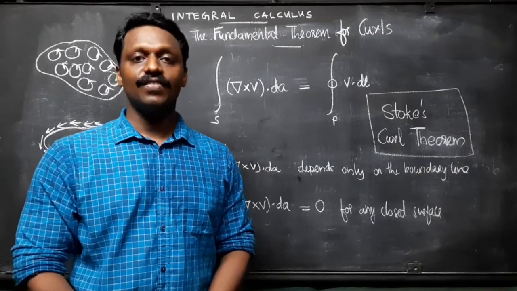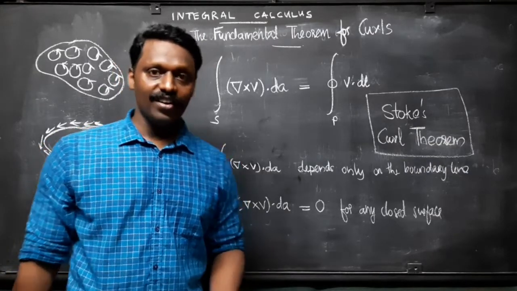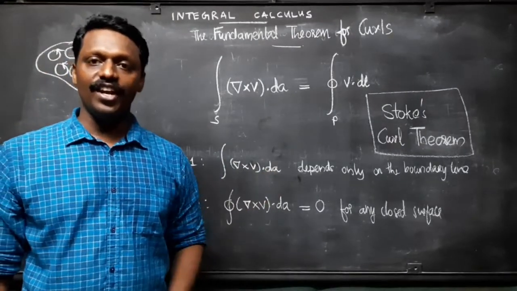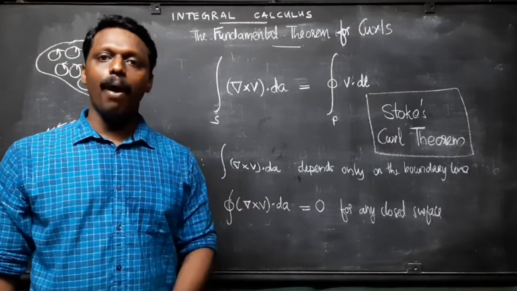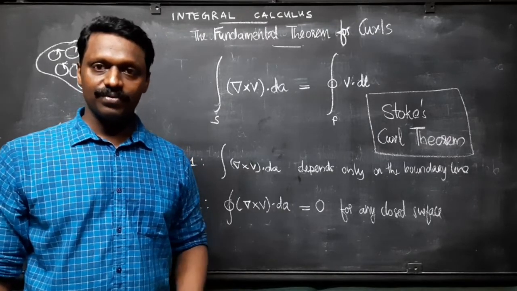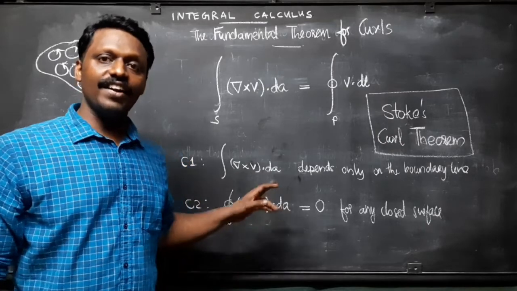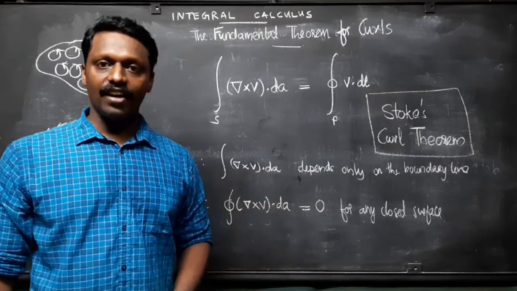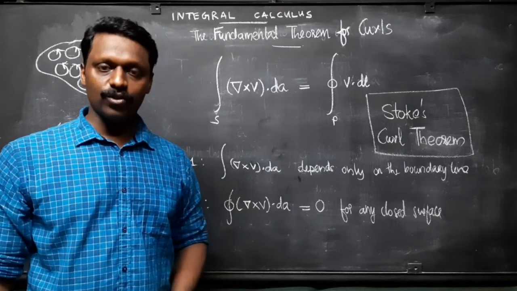From this, you can say corollary 1: the integral of del cross v dot dA depends only on the boundary line, not on the particular surface used.